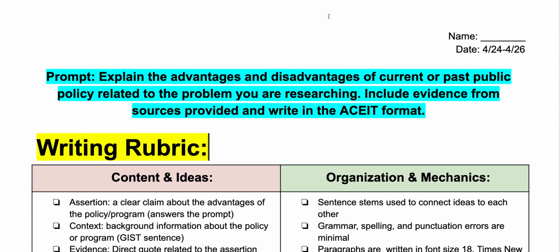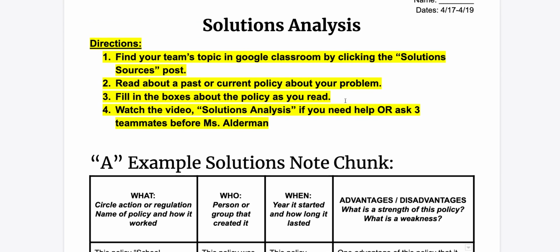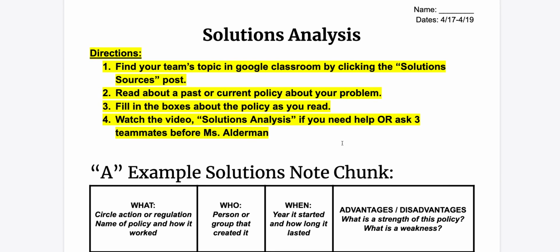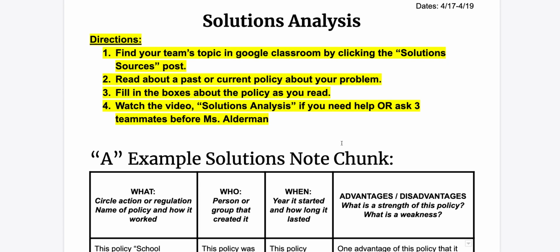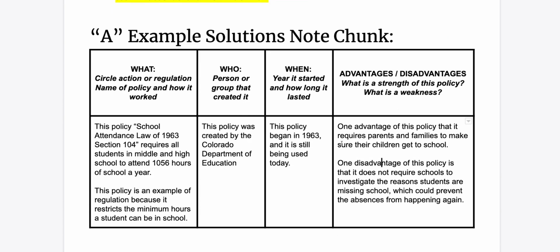Great. Okay, so you have already done an assignment called the solutions analysis, where you read about laws or policies or even prevention programs that relate to the problem you're researching. And for each of those, you completed a note chunk. In your note chunk, you were already asked the question, what are the advantages and disadvantages of this policy?